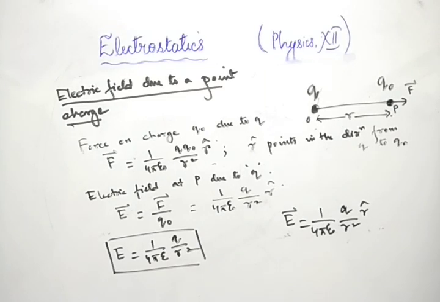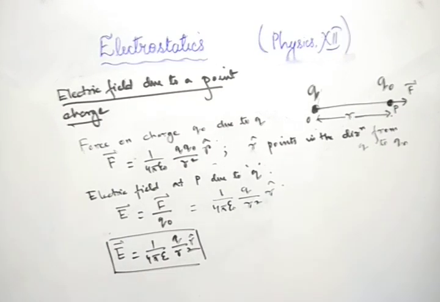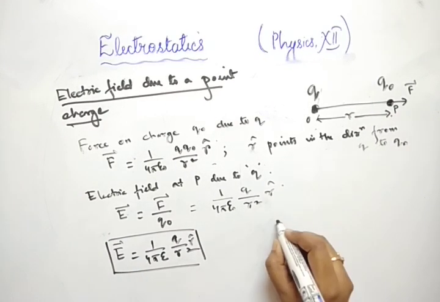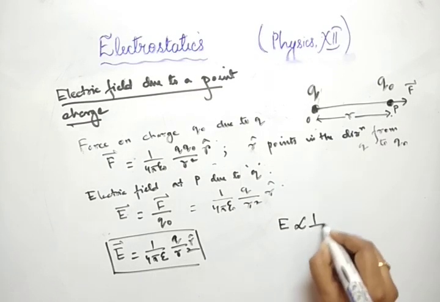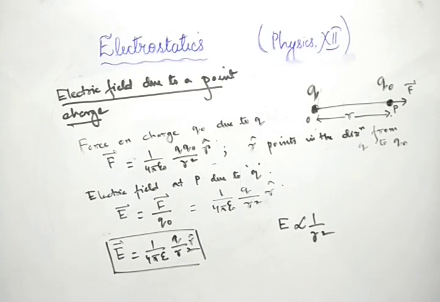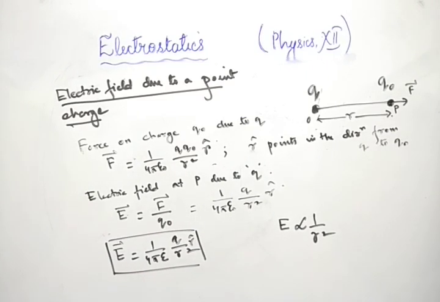Now we can see that this electric field is inversely dependent on the square of the distance between the two charges. So E depends on R, but it does not depend on the direction of R. What is the meaning of it?